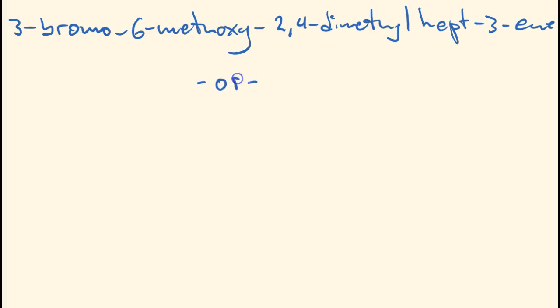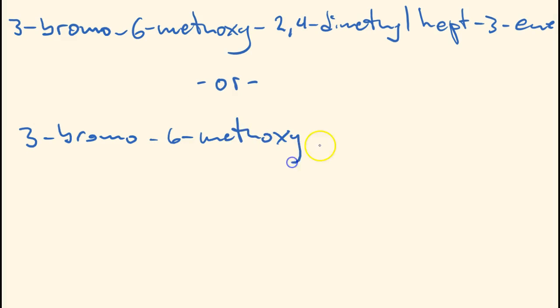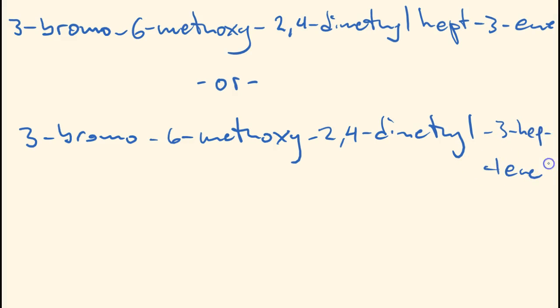There's also another acceptable way to name it, and that is to end with 3-heptene instead of hept-3-ene, and that would look like this. 3-bromo, 6-methoxy, 2,4-dimethyl 3-heptene.